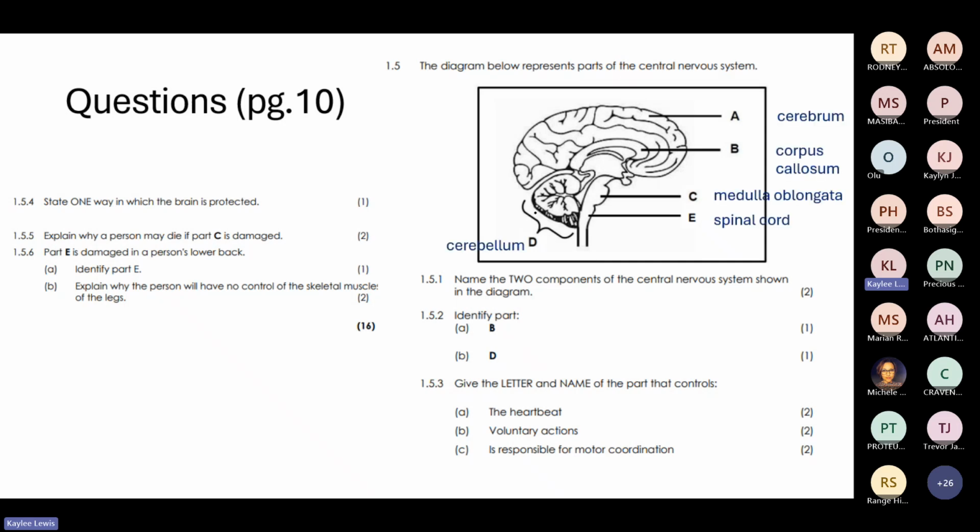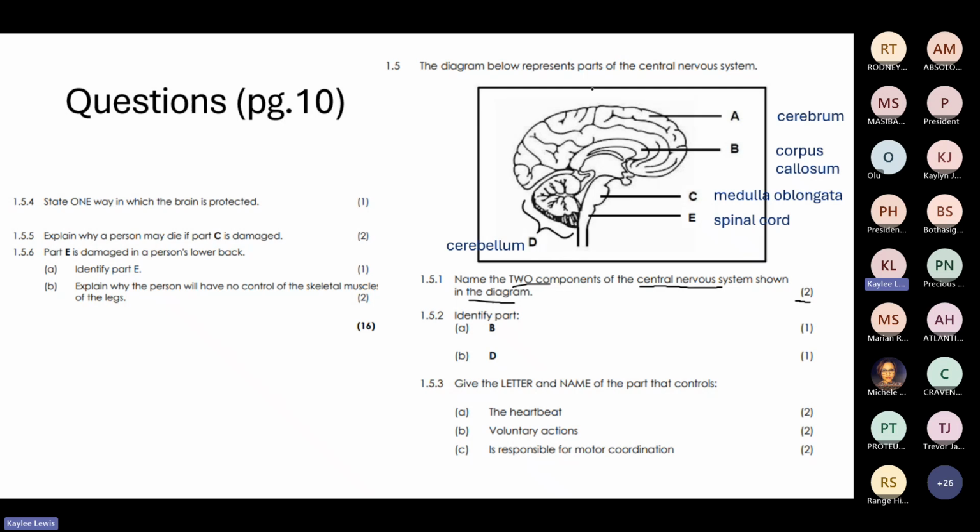So I start off by just quickly labeling the different parts. Now we look at the question. 1.5.1 says name the two components of the central nervous system shown in the diagram. So they want two parts of the central nervous system that you can see over here, and it's for 2 marks.